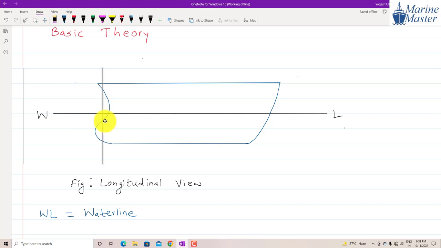Through the center line of the rudder, one line is going to pass, and that line is called AP. Let me make it a little bit dotted here.